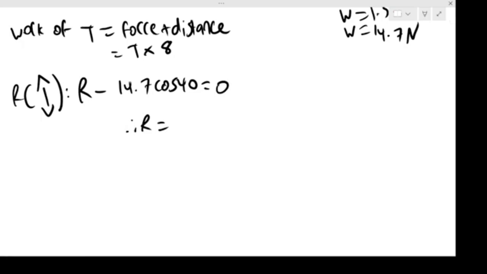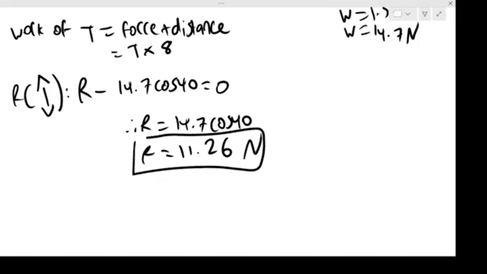Therefore, the reaction force R is just 14.7 cos 40, and that equals 11.26 newtons.